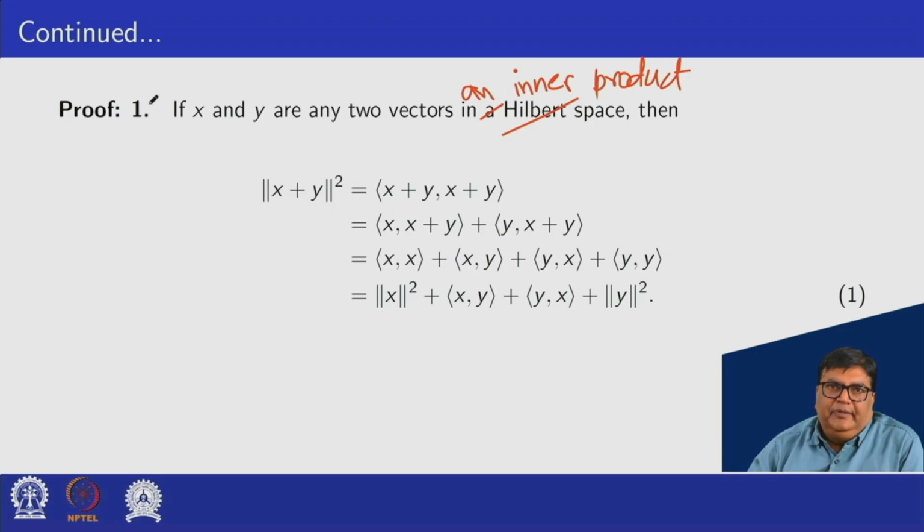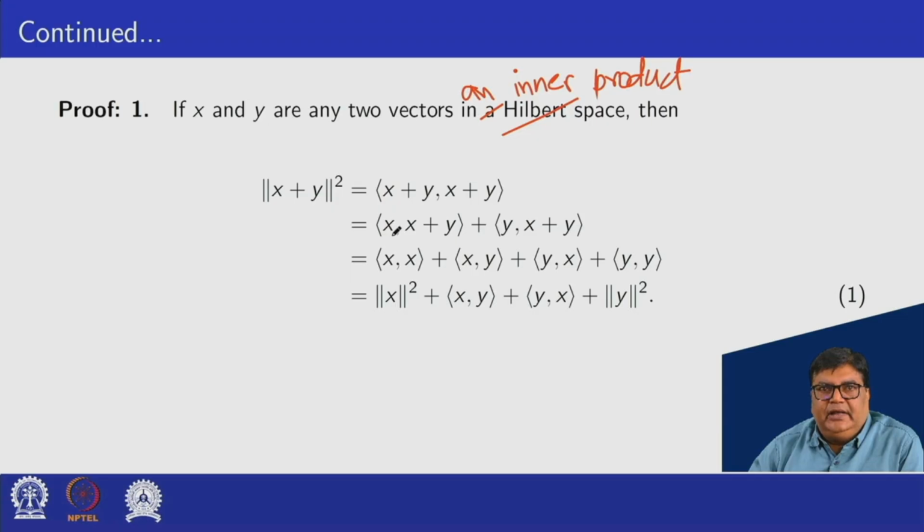Okay. If x and y are any two vectors in an inner product space, then norm(x + y)^2 equals, this can be written as the inner product of x + y with x + y, using the first property of inner product.